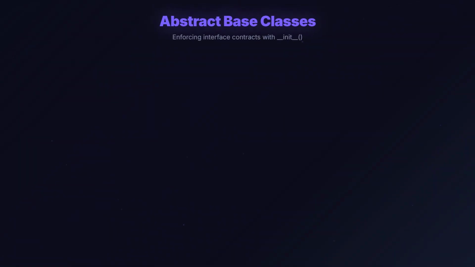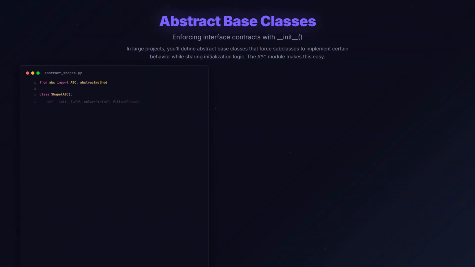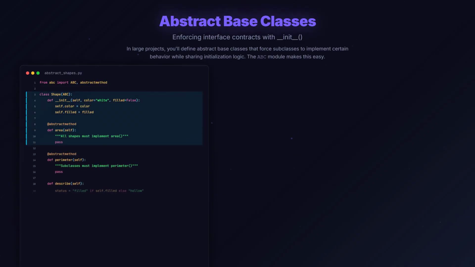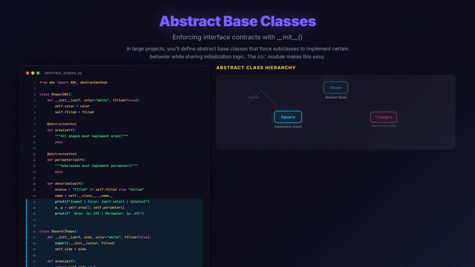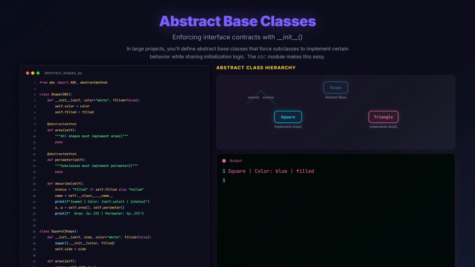In large projects, you will define abstract base classes that force subclasses to implement certain behavior while sharing initialization logic. Look at this Shape abstract base class. Its __init__ sets up shared attributes like color and filled, but area and perimeter are marked as abstract methods.